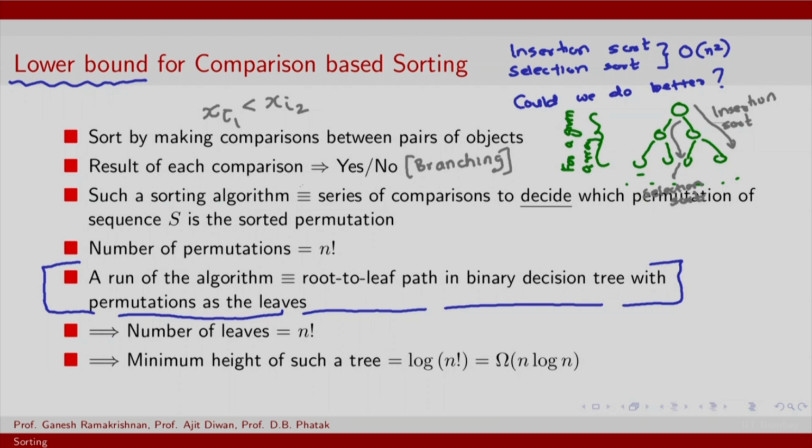So the sorting algorithm is basically a series of comparisons to decide which permutation of the sequence S is a sorted permutation. So what sits at the leaves? At each leaf of the tree, what you have is a permutation.